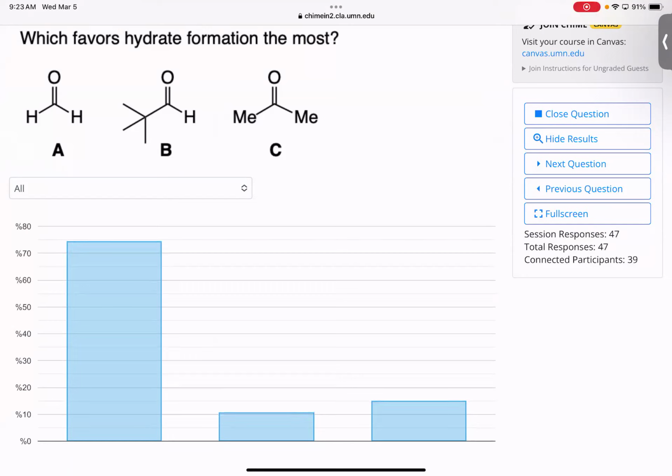It's not going to favor product formation because the nucleophile will have a lot of trouble attacking it. And these methyl groups, we're thinking about methyl groups versus hydrogen, and methyl is CH3 versus just hydrogen. All right, so I think that's great. I'll leave this open for a little bit longer, and let's go on to our next question.